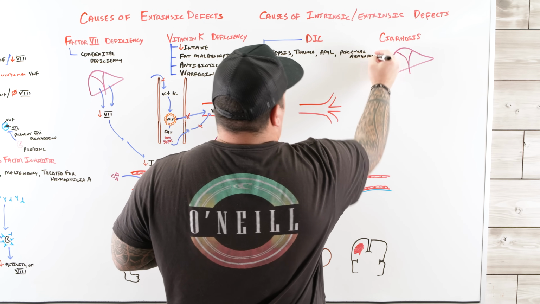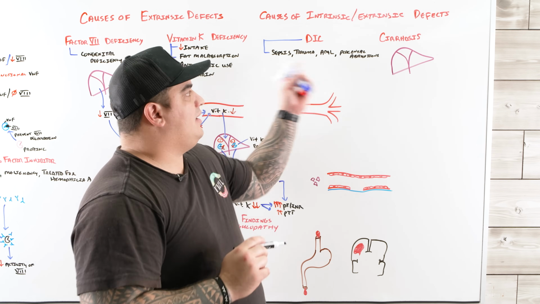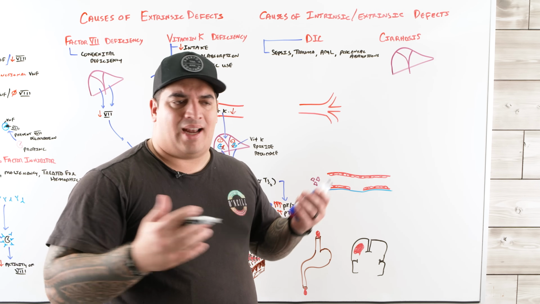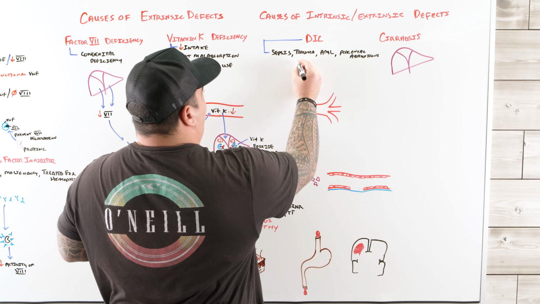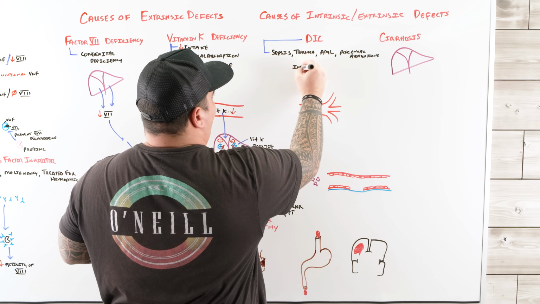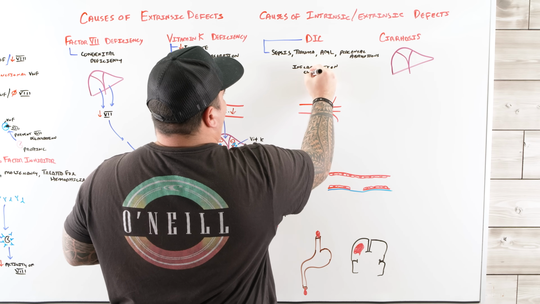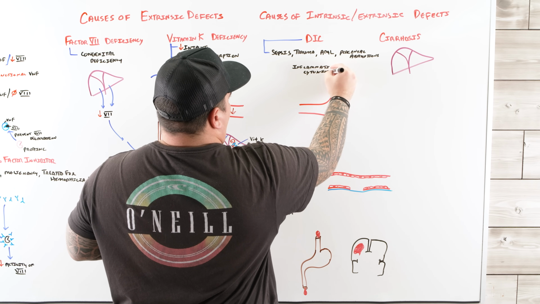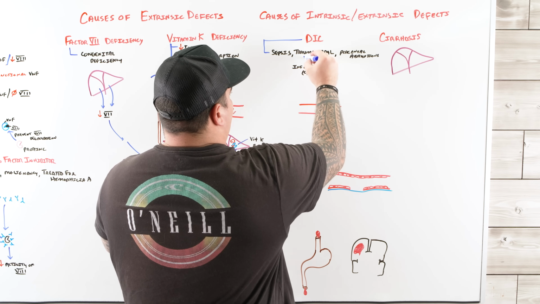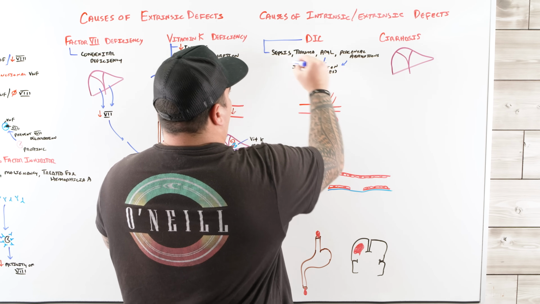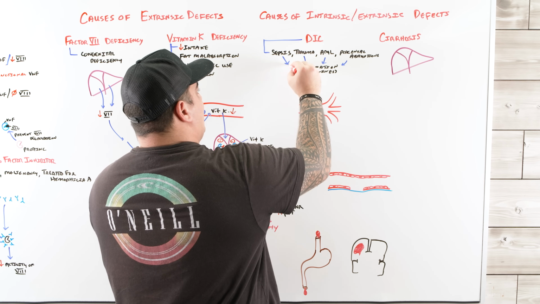Now, what happens here in DIC is that all of these conditions in some way, shape, or form create kind of an inflammatory cytokine storm. So it's a combination of really, really bad inflammation characterized by a lot of different cytokines being released, precipitating some type of inflammatory event via cytokines.